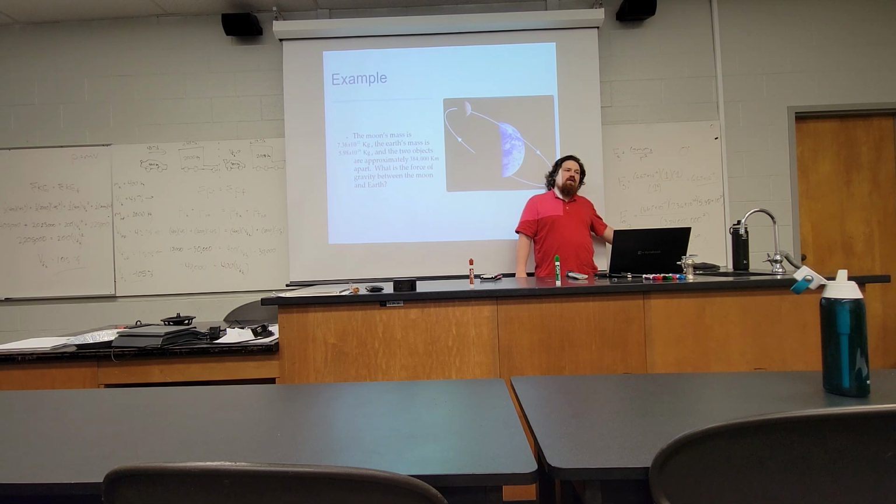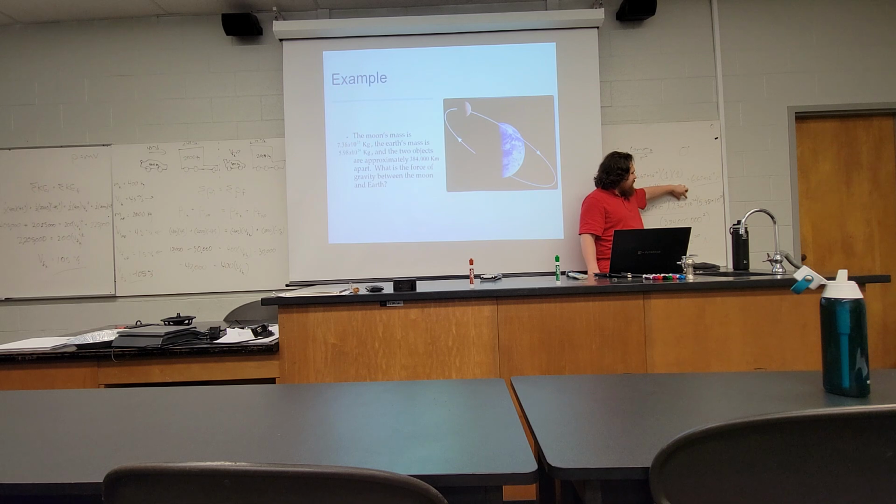So the question then is, why is the moon not crashing towards Earth? This is a tremendous amount of force, and if you actually calculate the moon's acceleration from that force, you get like 0.02 meters per second squared.